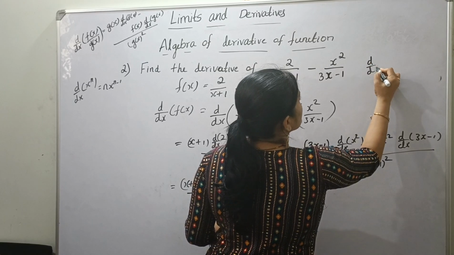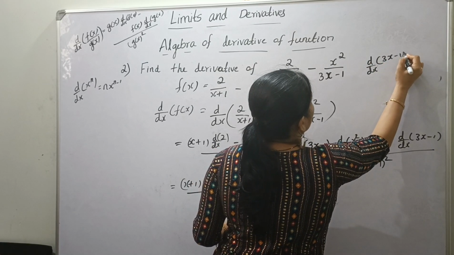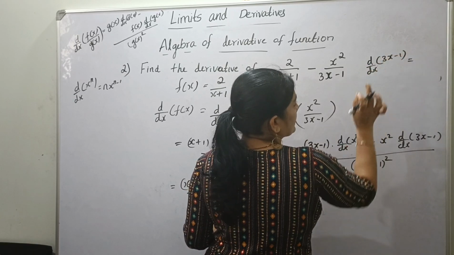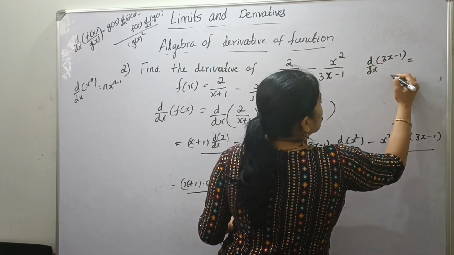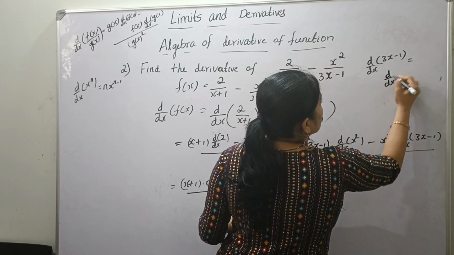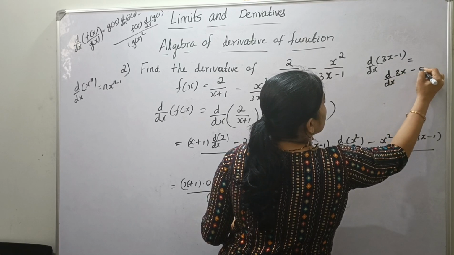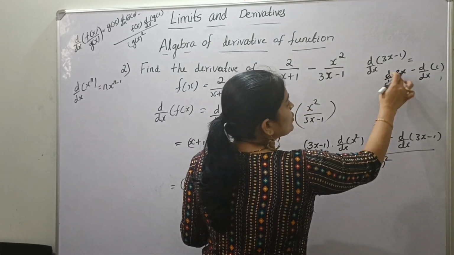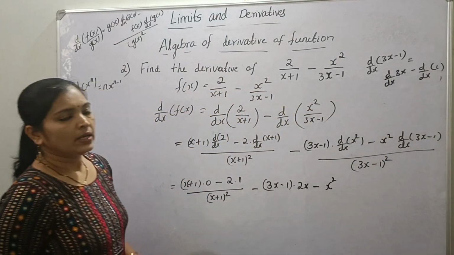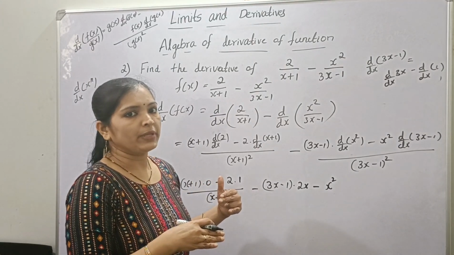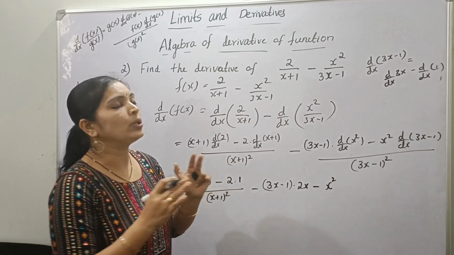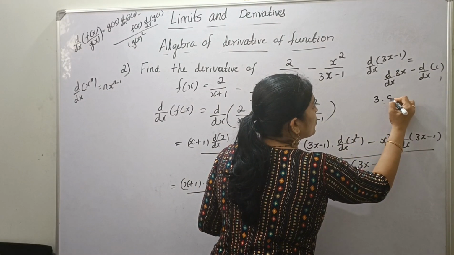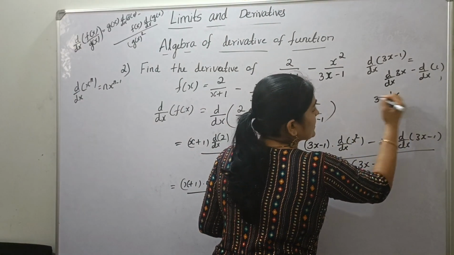d by dx of 3x minus 1. See, now it is of the form d by dx of f of x minus g of x, right? So we can write it as d by dx of 3x minus d by dx of 1, right? So d by dx of 3x, we can take 3 outside from the derivative, that is 3 into dx by dx, right? That is 3 into d by dx of x, right?